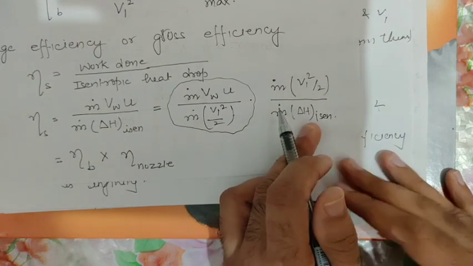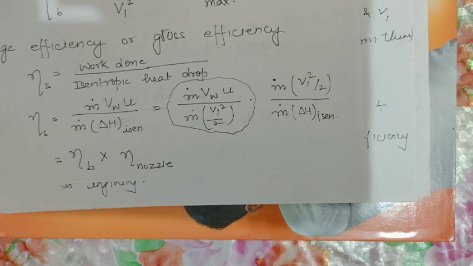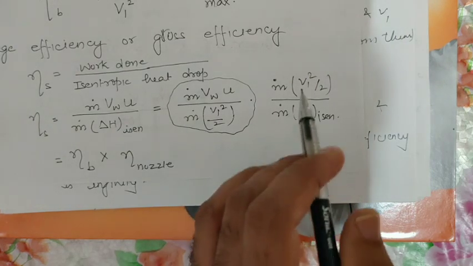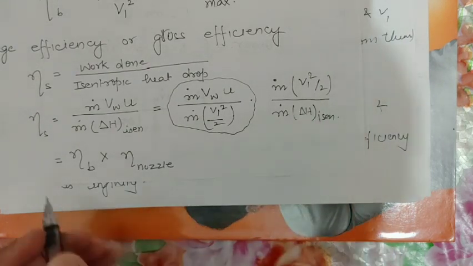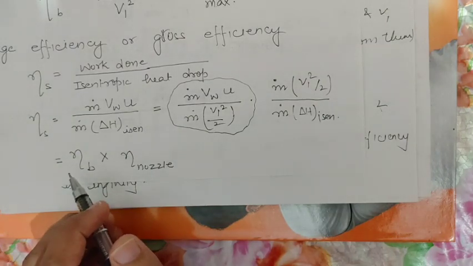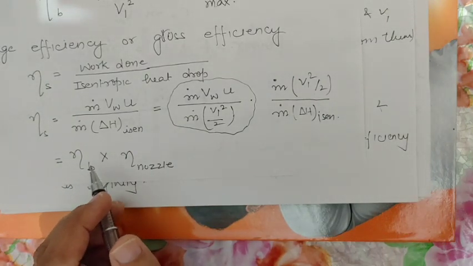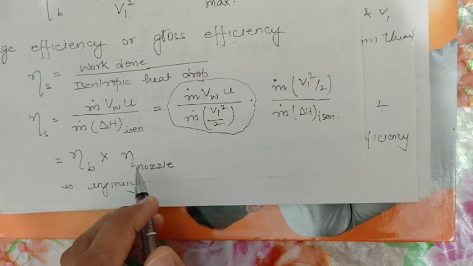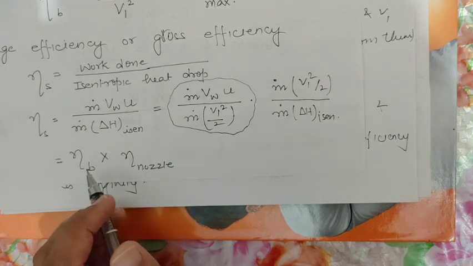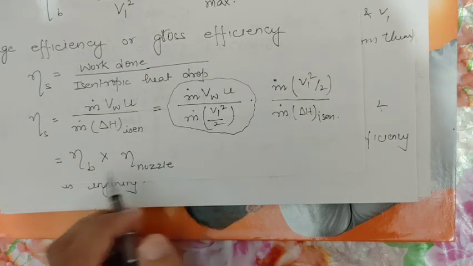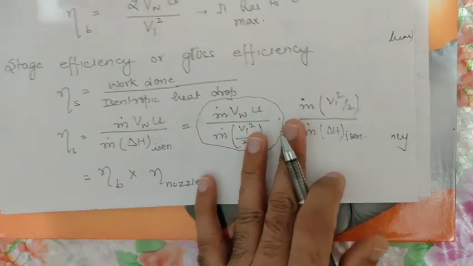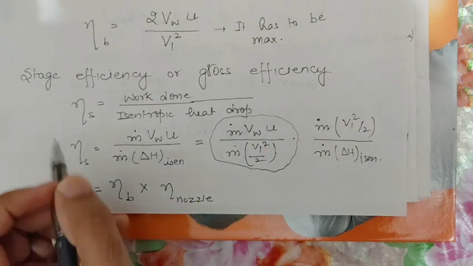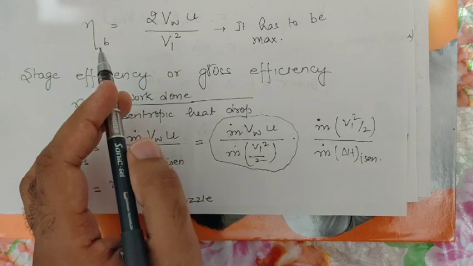In the previous lecture we discussed this formula, and this is the nozzle efficiency. So stage efficiency is the multiplication of blade efficiency into nozzle efficiency. From this formula it is very clear that stage efficiency is less than the blade efficiency.